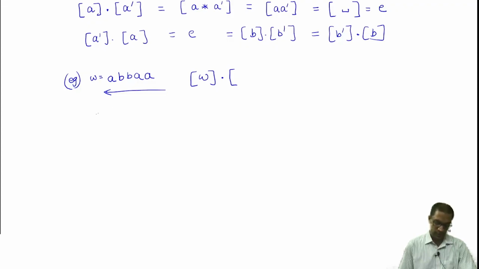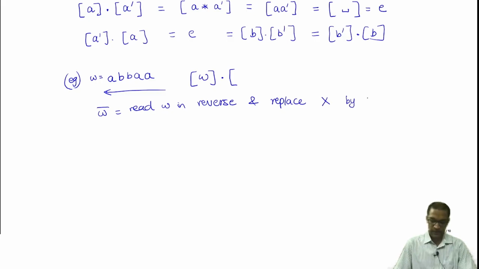So here's the prescription: the inverse of W, let me call it W bar for now, is just W read in reverse, and replace each letter by its dash.